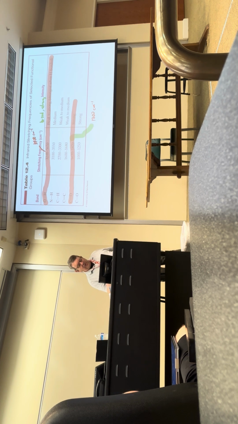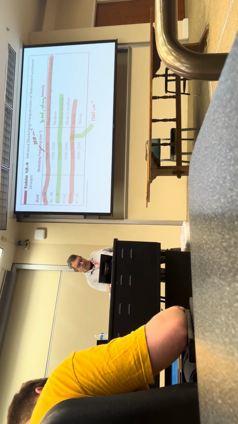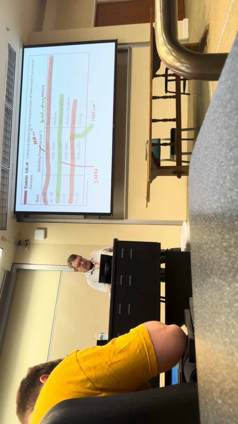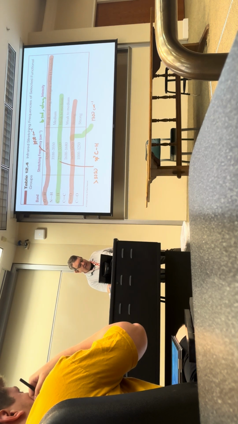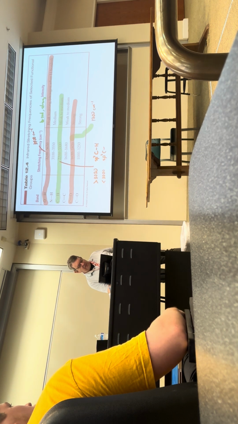And then finally, the other frequency that we're going to be playing around with is the CH, and that occurs between 3300 and 2700. And the rule we're going to have for this is if you have greater than 3000, then it's an sp2 carbon-hydrogen, and less than 3000 is an sp3 carbon-hydrogen.